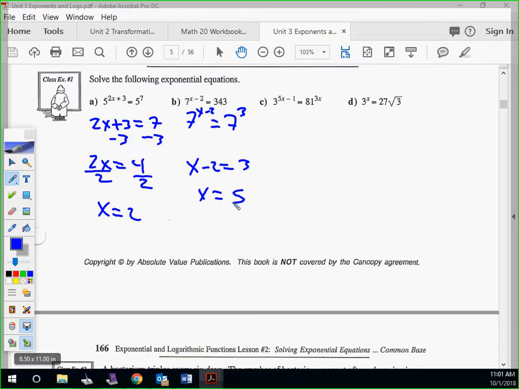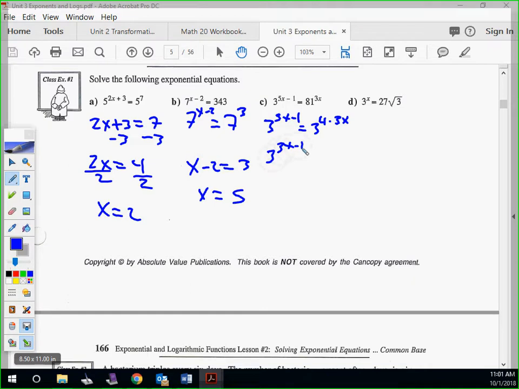Okay, so this is what we did at the end of lesson 1. 81, we want it to be a base of 3, so what's that going to be? It's going to be 3 to the 4th, which is going to make it 3 to the 12x. Right? So this right here is 3 to the 5x minus 1. 81 is 3 to the 4th times the 3x that's there. So that's going to be 3 to the 12x. No, we don't add them.